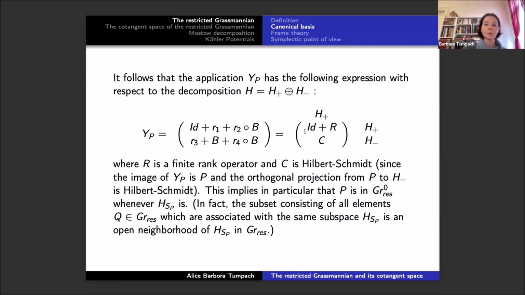And you see that what we get is identity plus a finite rank operator for the upper part, and a bounded, actually a Hilbert-Schmidt operator for the lower part. Yes, so this is a particular operator that gives us as image the element P of the Grassmannian we started with.